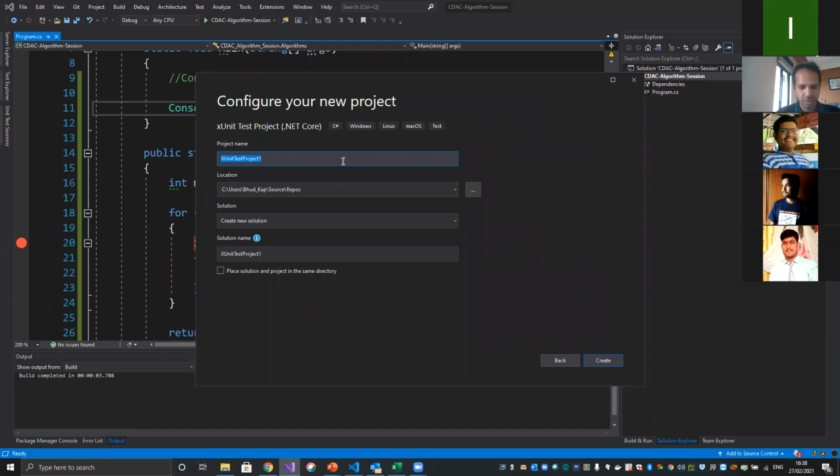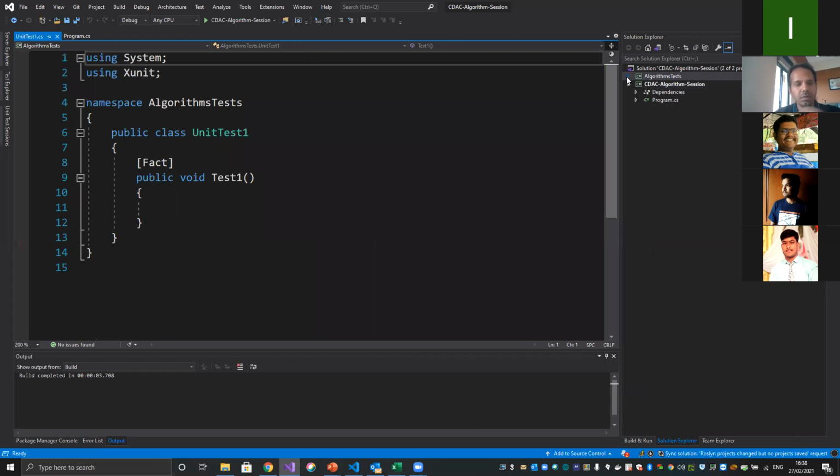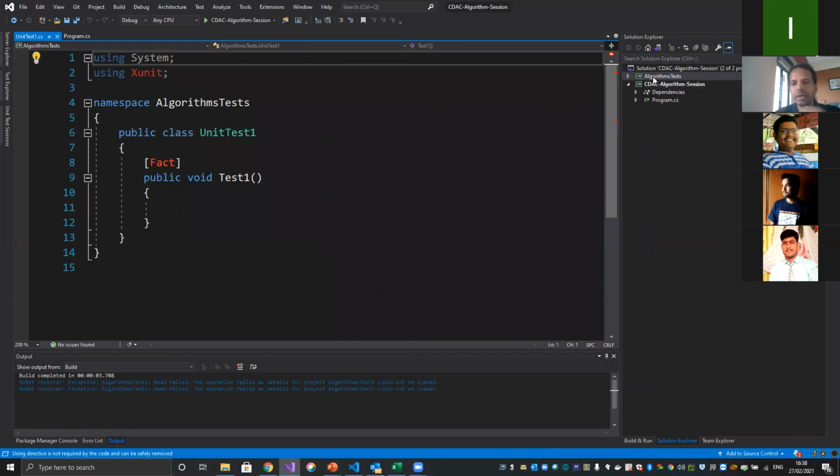Call this algorithm tests. We add this to the same solution. So what I've done is I basically created a unit test project for testing this algorithm.